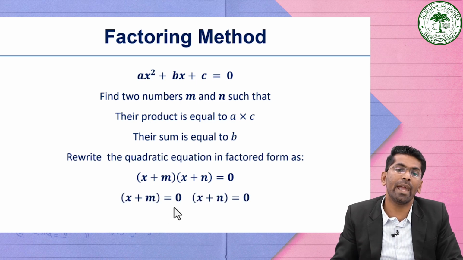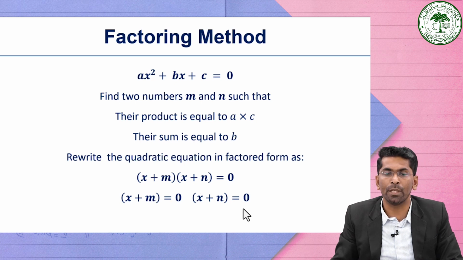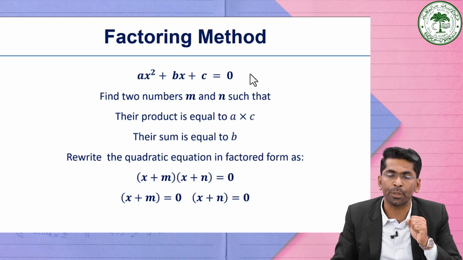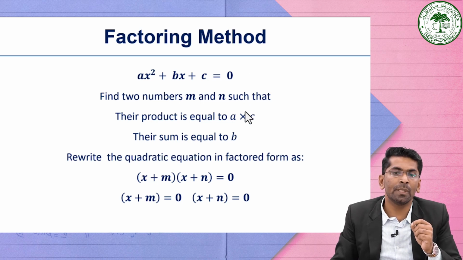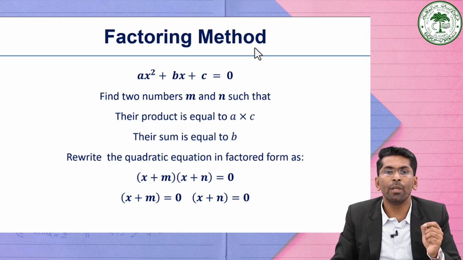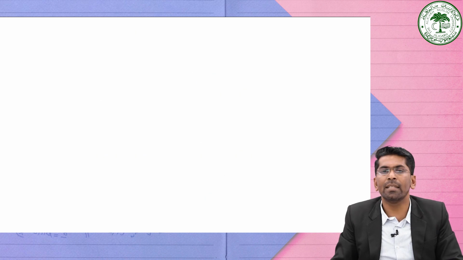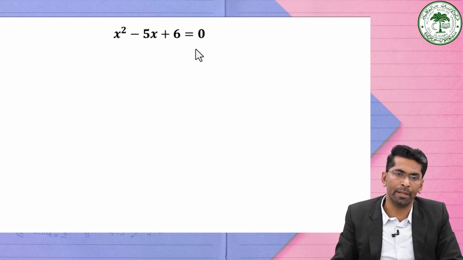That means x plus m is equal to 0 and x plus n is equal to 0. The values of x that satisfy the equation are the solutions of the quadratic equation. So these are the procedures to find the solution of a quadratic equation using the factoring method. Let us consider one example so that it will be more clear.